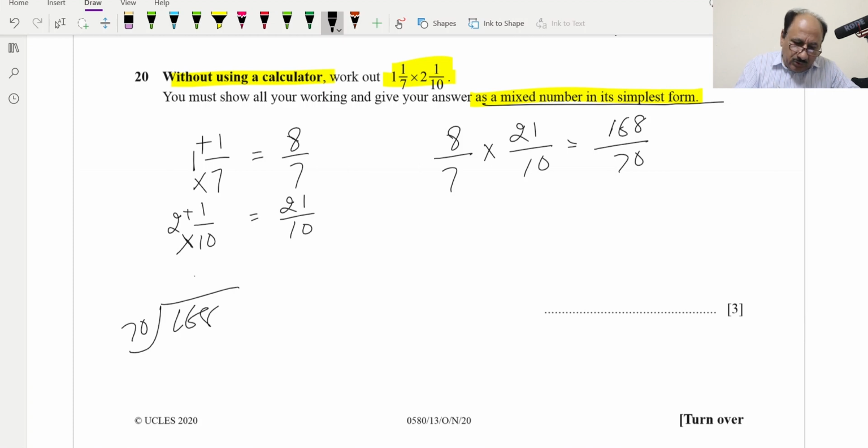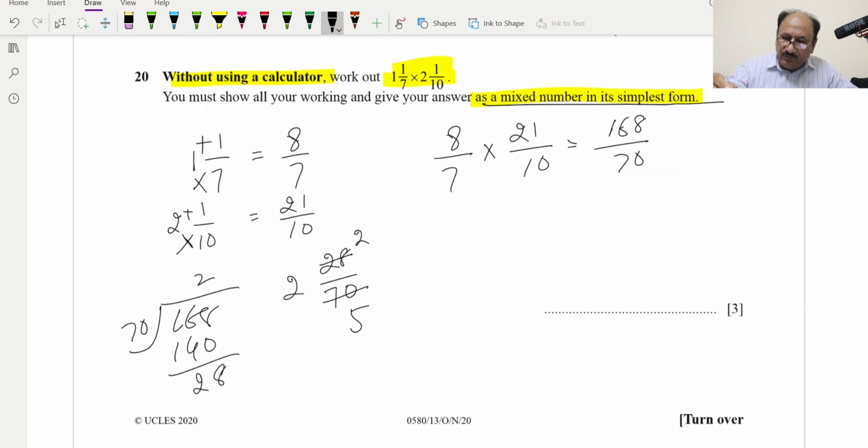So 2s are 140, and this will be 28. So 2 whole 28 over 70, and 14 2s are 28 and 14 5s are 70. So this will be 2 whole 2 by 5, basically, not 8.